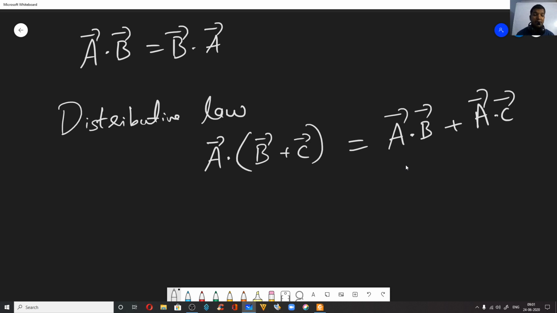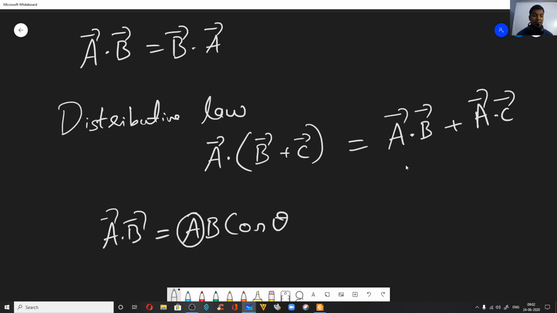Remember, scalar product, the end result is a scalar. Here, vector a dot vector b, we'll write it as ab cos theta. Now if you observe this, a just tells you the magnitude, and b is a magnitude again, then cos of the angle between them, so it gives a real number. So the end result has only magnitude. We don't talk about anything in a particular direction.